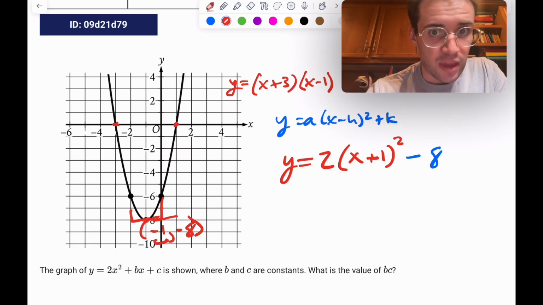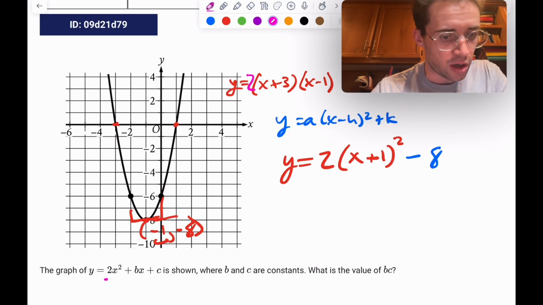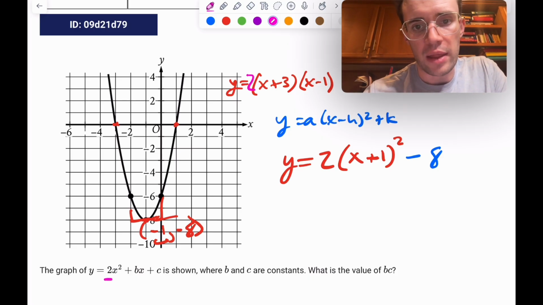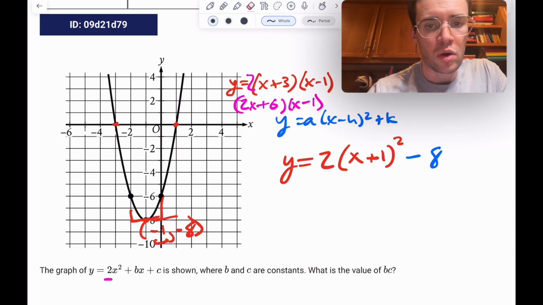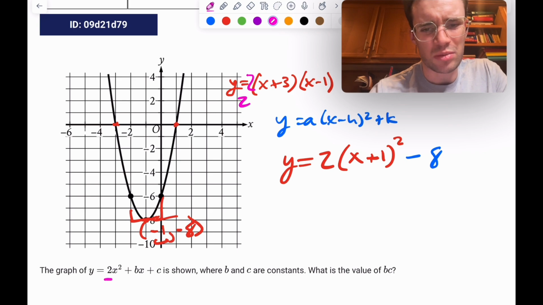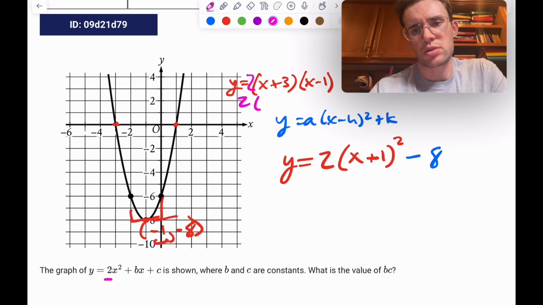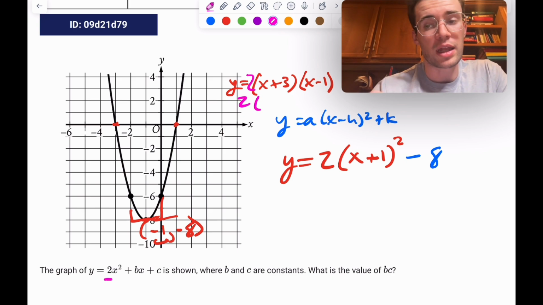And still we have the a value being 2, which they actually give you here. Right? So put the 2 out front. Now if you want, you could write 2x plus 6 and then multiply that by x minus 1. But I usually do, it doesn't really matter, I would multiply the x plus 3 times x minus 1, leave the 2 out front, and then distribute it.